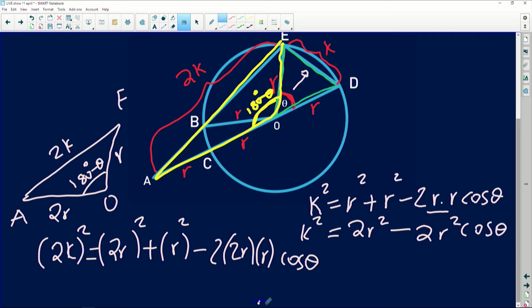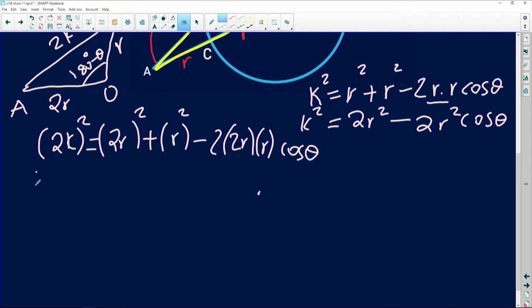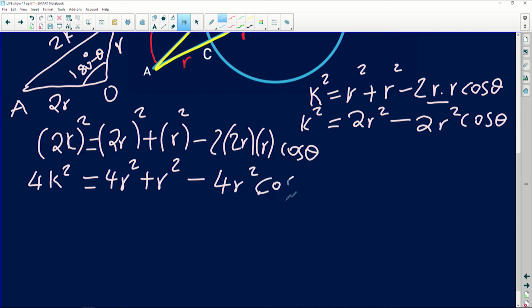If we get ourselves some space here, we can simplify this further to 4k squared equals 4r squared plus r squared minus, if you multiply 2 and 2r there, you'll get 4r squared cos of theta.